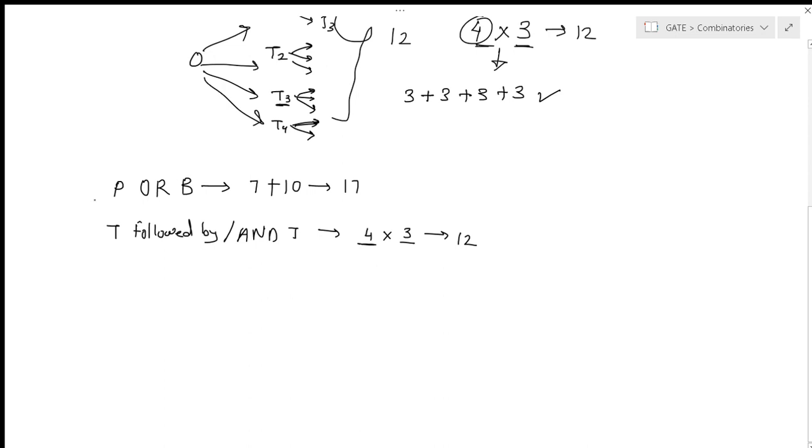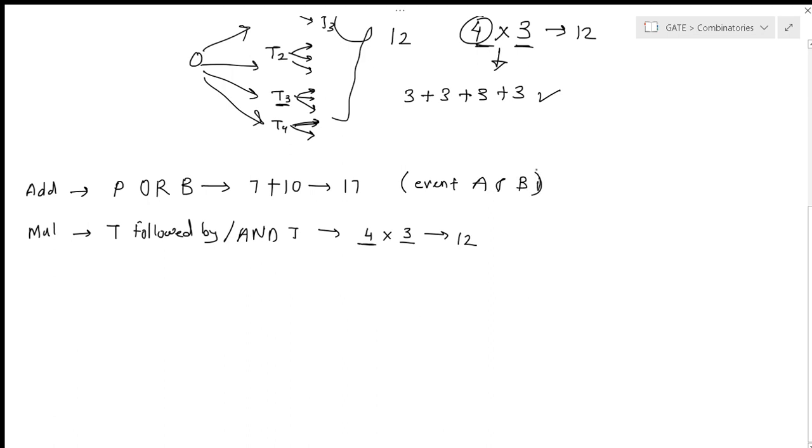Now, the thing we saw with the pizza or burger is nothing but the fundamental principle of addition, and the t-shirt and jeans is nothing but the principle of multiplication. Now, you can add when your events A and B are disjoint, okay?